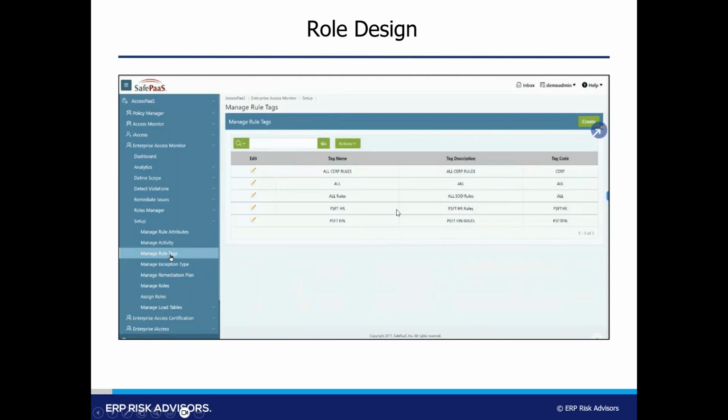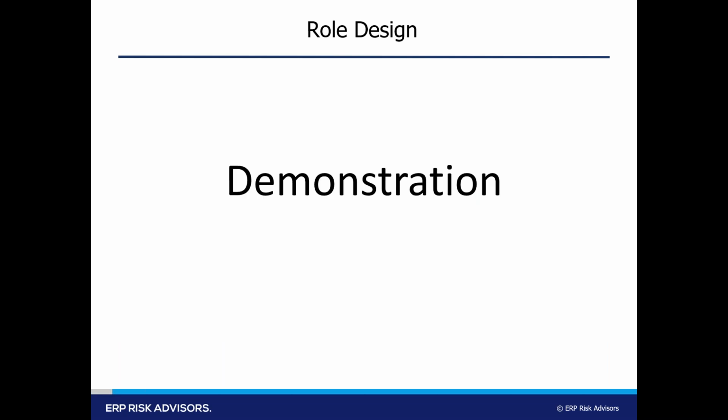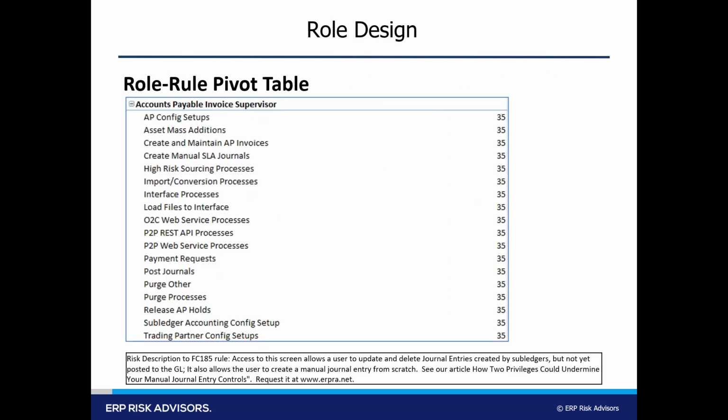We run the rule tag that gives us the ability to look at lots of sensitive access rules and all the SOD rules that are relevant, and that gives us the ability to export the data and look at pivot tables and see what is wrong in a role or roles. That gives management the ability to say, are our roles properly designed pre-implementation? If not pre-implementation, hopefully post-implementation.